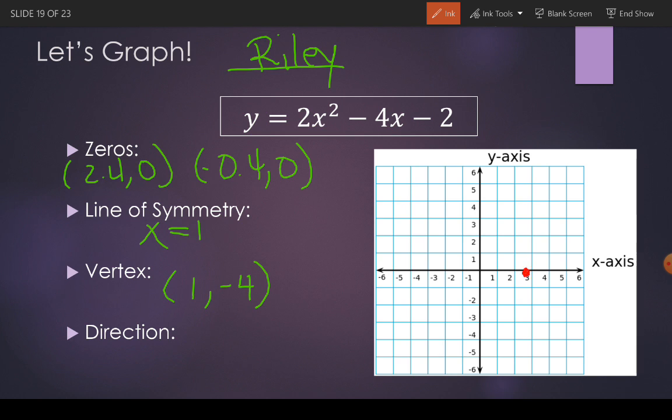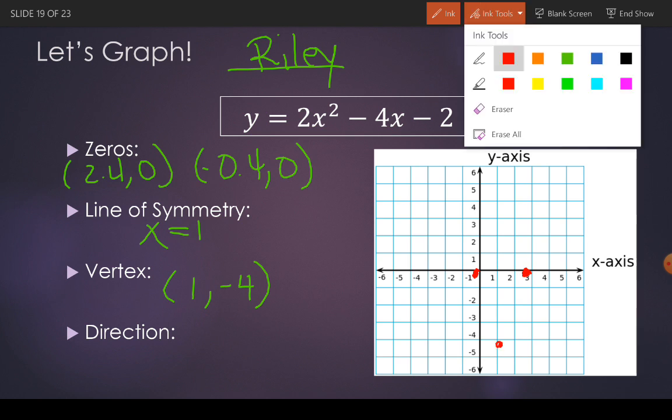Just right there. We'll just approximate it. It's not perfect. And negative 0.4 is going to be between about 0 and negative 1, so we'll just say it's there. Okay, not perfect, but we get a good idea, a rough estimate. Our vertex is (1, -4), so pretty much the same as before. And that's way off, so let me go ahead and erase it and try again.